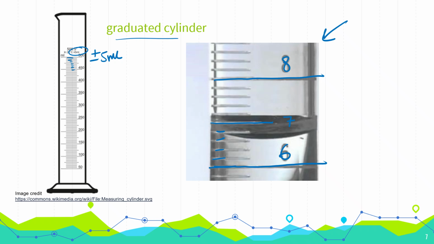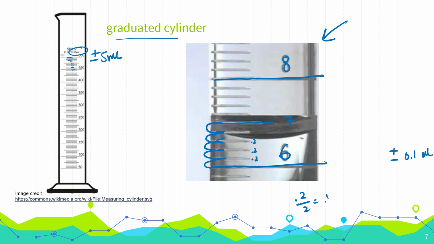So from here, 6.0, 6.2, 6.4, 6.6, 6.8, 7.0. So each one of these has a value of 0.2 milliliters. That means that our uncertainty is going to be half of that, or 0.1 of a milliliter.